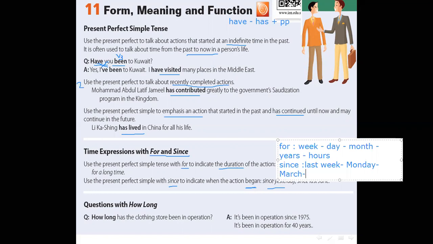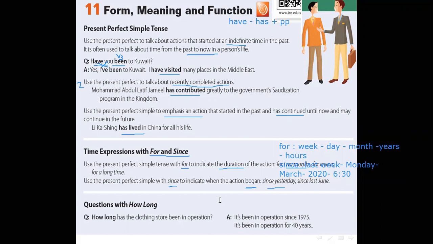And the year, we should say since 2020, for example. And what about hour? We will say since 6 o'clock, since 6:30. And since is also followed by a complete sentence. Do you understand now?